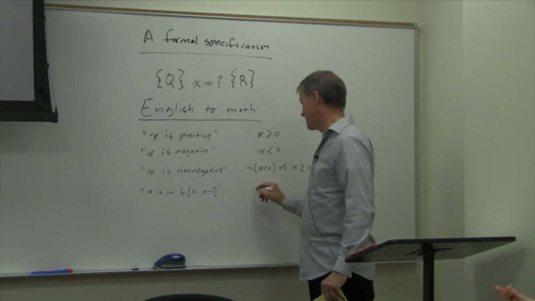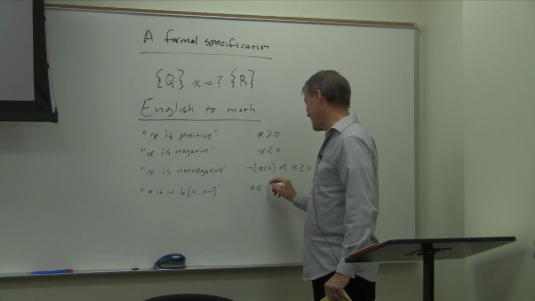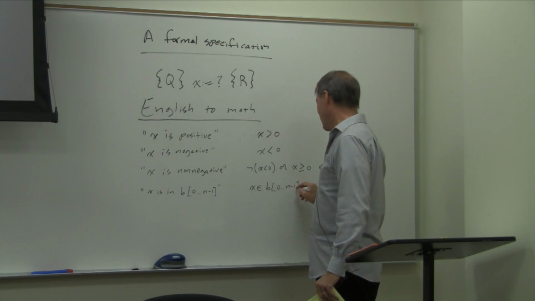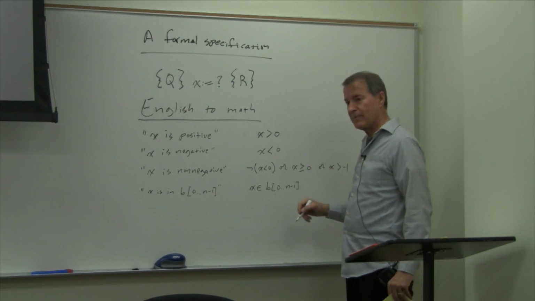So you could say X is an element of B[0..n-1]. But what's an even more detailed way to say that?